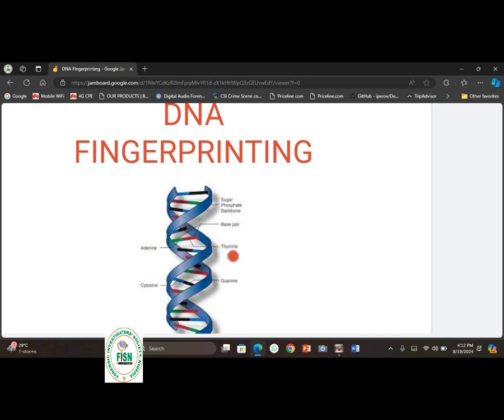Thymine is denoted by T. And also guanine, which binds itself to cytosine. Guanine is denoted by G, and cytosine is denoted by C. So the molecular structure of DNA can be imagined as a zipper.